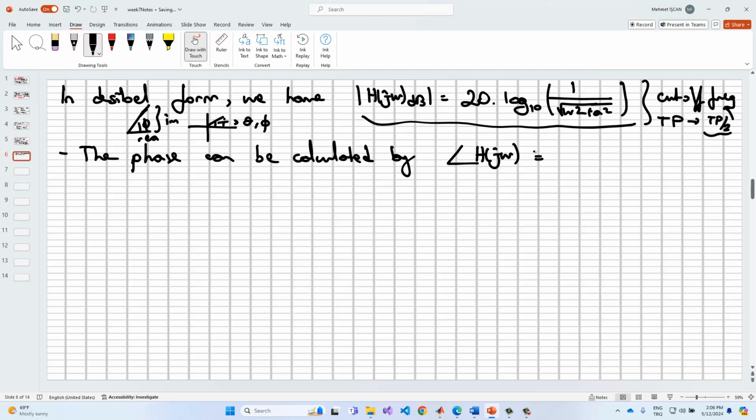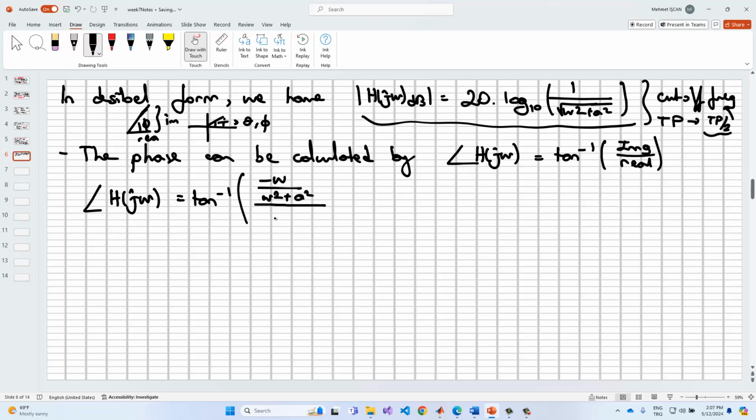H(jw) is the tangent to the minus 1 of imaginary divided by real. Okay, and so in this case H(jw) can be assigned with the tangent to the minus 1 of minus w a squared divided by a w squared plus a squared, right?